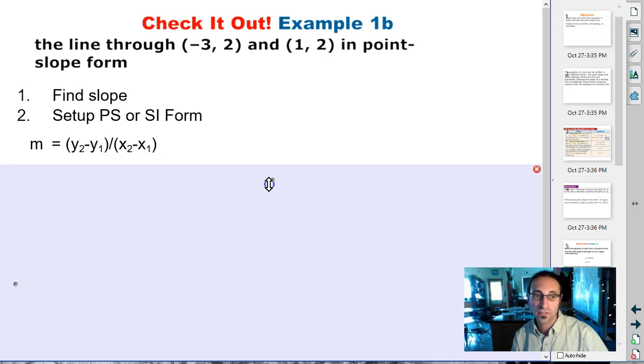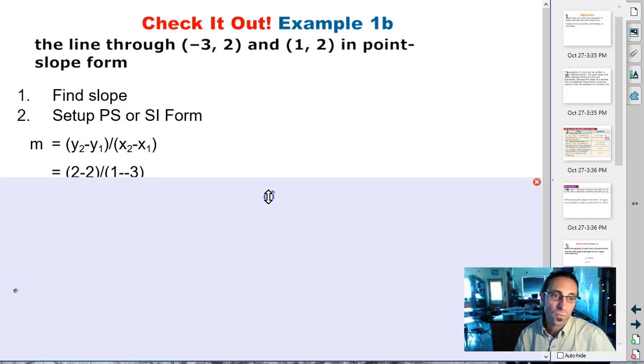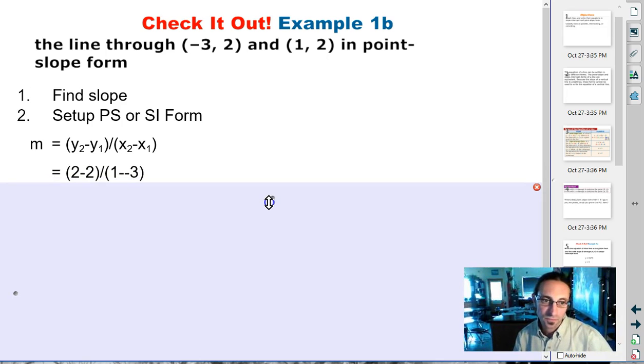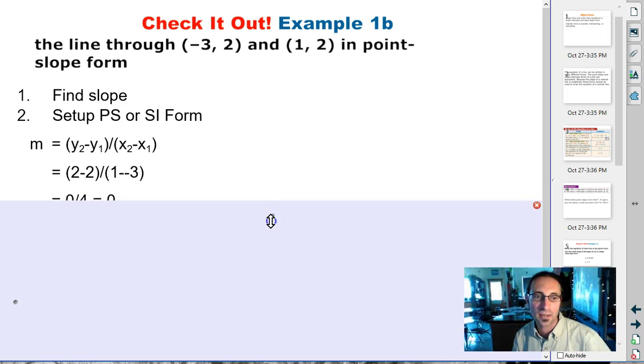All right, here are my formulas. I don't have the fancy function key, so just get over it. I plug everything in: y minus y1 over x2 minus x1, and you'll notice, wait a minute, they both have the y coordinate of 2, which means this is also a horizontal line. Oh, sneaky. So you know your slope is 0.